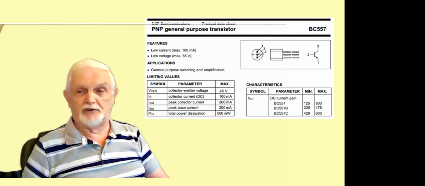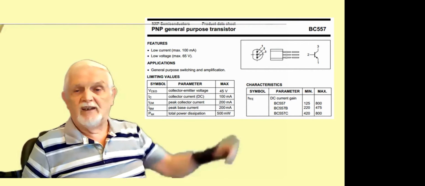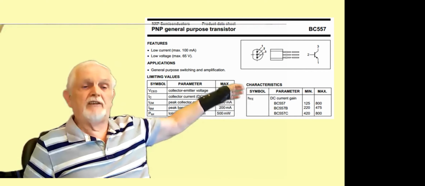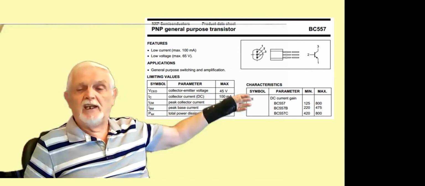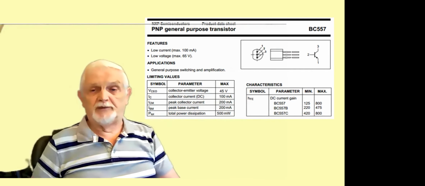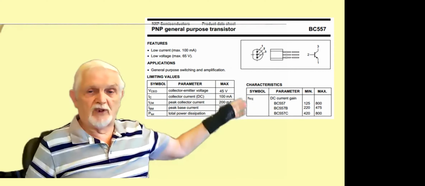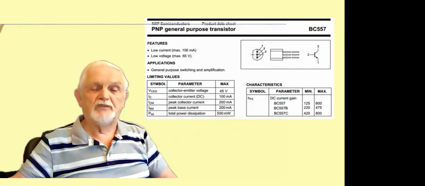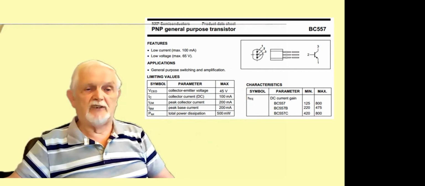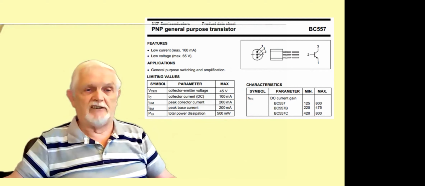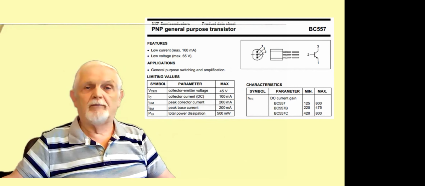There's quite a range. BC557B, BC557C, again, different ranges, but they're all ranges. And they tell you the maximum current you're allowed. So you can look at the spec and you can actually calculate what you need in a particular situation.